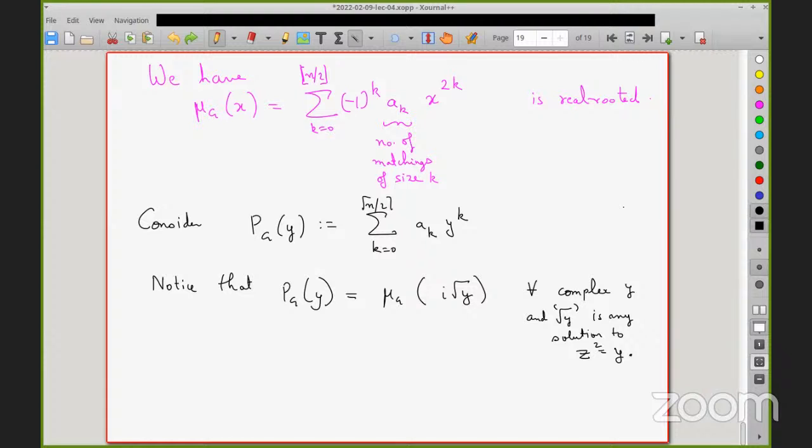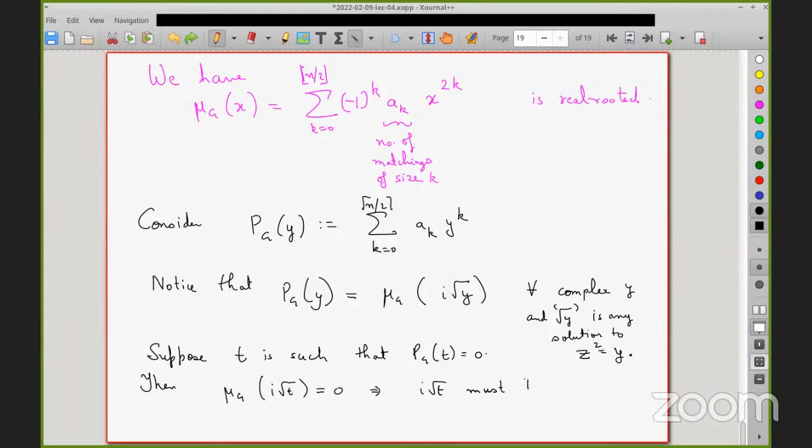Okay, so now how do we proceed? Suppose t is such that P_G(t) is actually 0. Then mu_G of i times root t is also 0, right? But this implies that i times root t must be real.